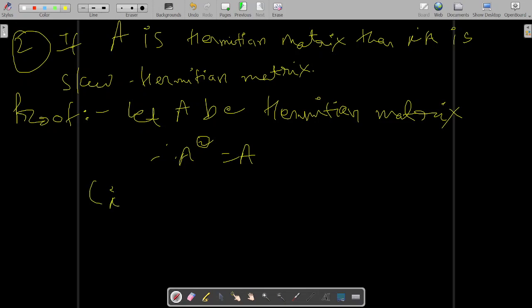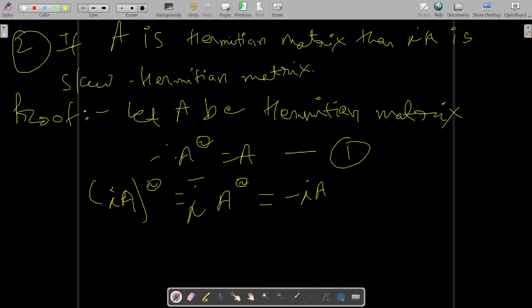So then IA conjugate will be equal to your I conjugate A conjugate, which is equal to your minus I A, by this equation number 1.